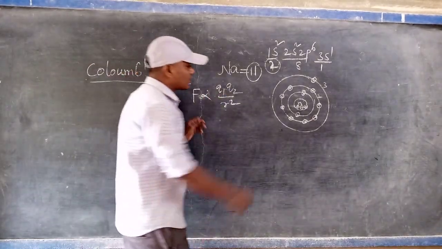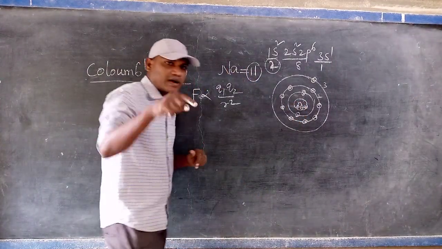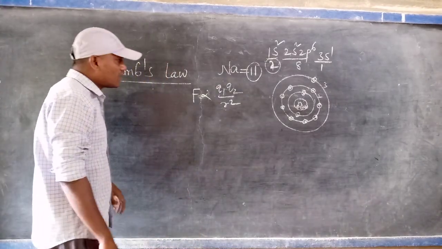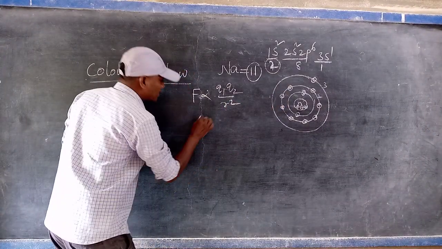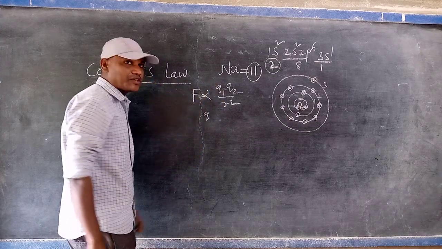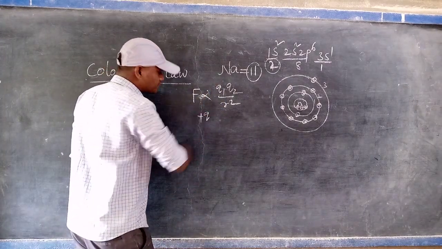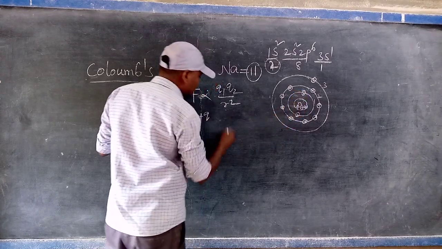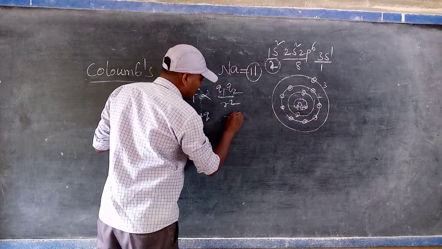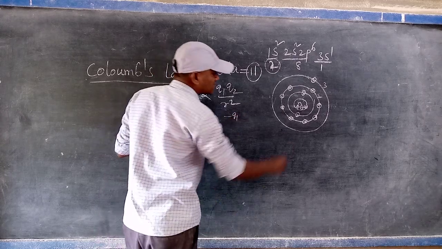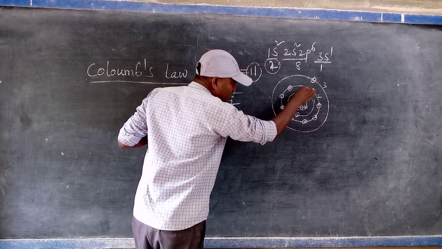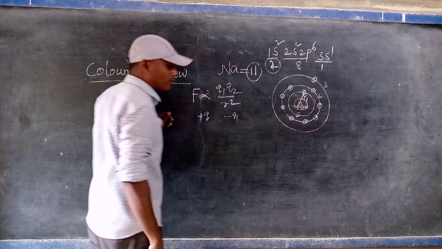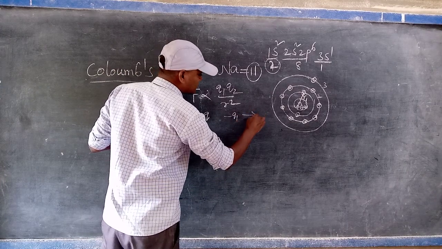Now proton has positive charge, and electron has negative charge. In this concept, the proton charge we can say as plus Q. The electron present in the first orbit has charge minus Q1, and the distance between the electron in the first orbit and the nucleus is R1.